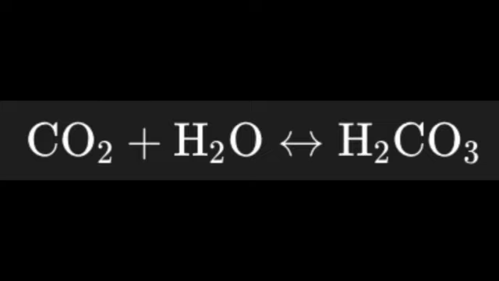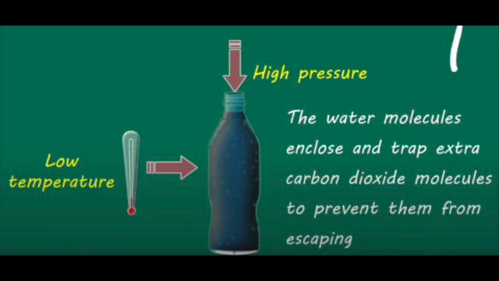But since this is an equilibrium reaction, it is always shifting, so you might wonder, how do we make sure the carbonic acid actually stays in the soda and doesn't just turn back into the gas? So when the cap is closed, the pressure inside the bottle is much higher than the outside pressure.